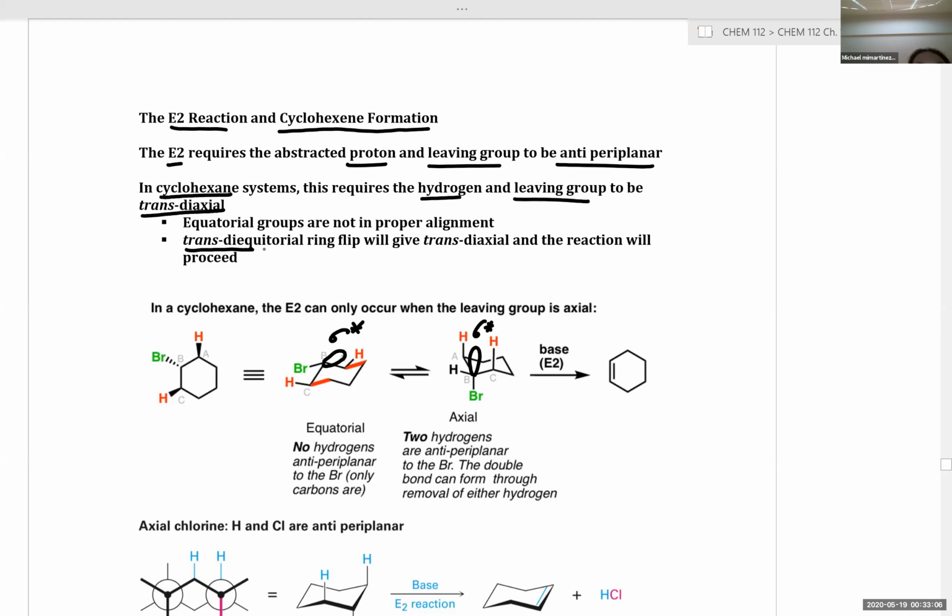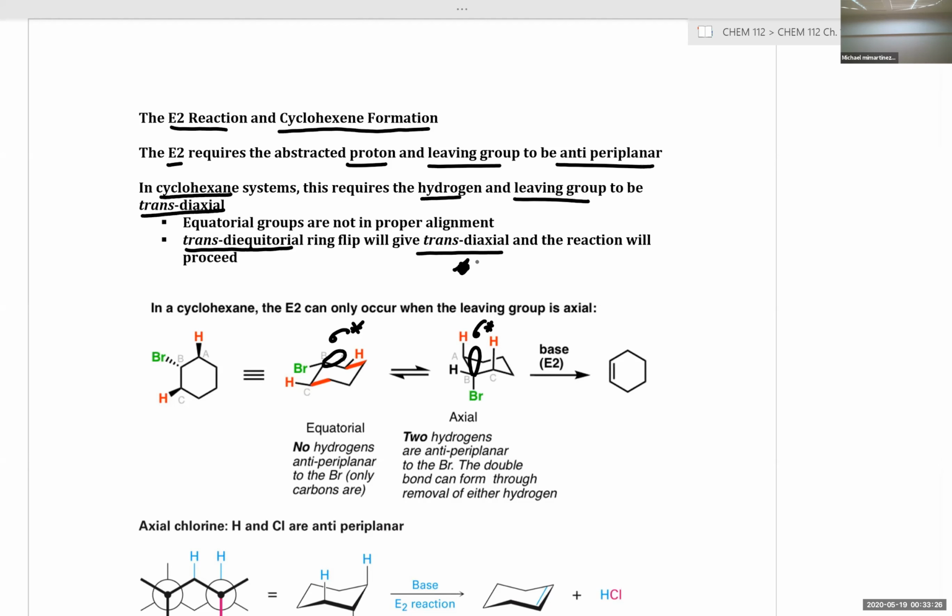So our trans-diequatorial arrangement of our hydrogen and our bromine atom, when it undergoes a ring flip, will give the trans-diaxial conformation. This trans-diaxial conformation is the actual reactive conformation in an E2 reaction.